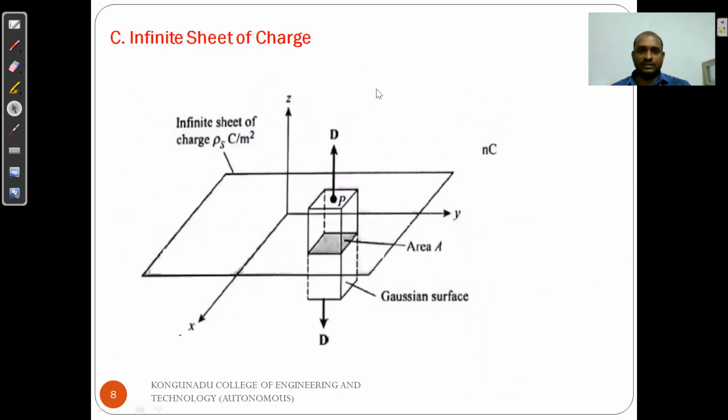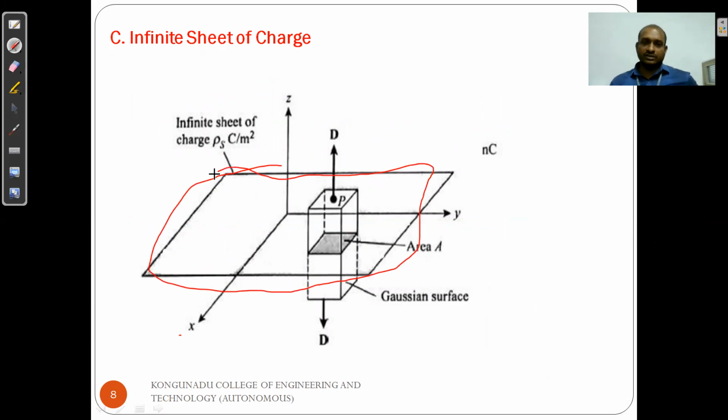The next application is the electric flux density at a point P due to an infinite sheet of charge. Here rho S coulomb per meter squared, the surface charge density, is distributed evenly on the infinite sheet. We take a small portion from the infinite sheet.